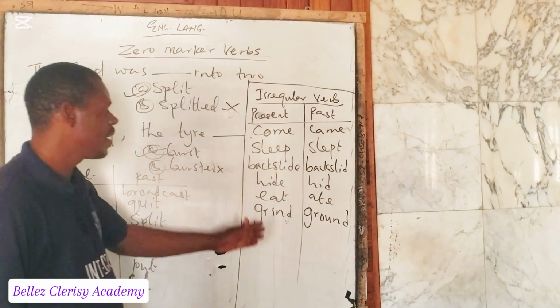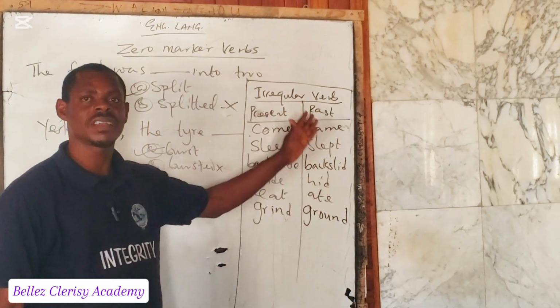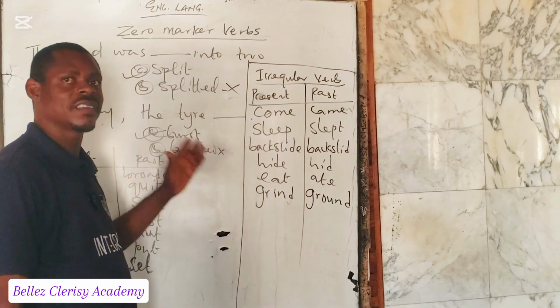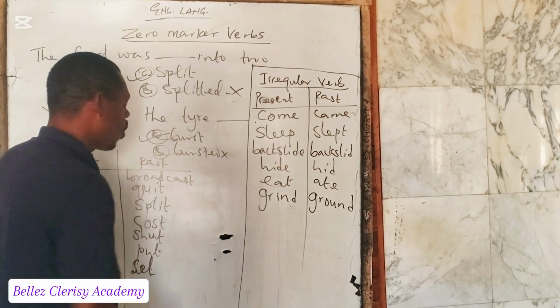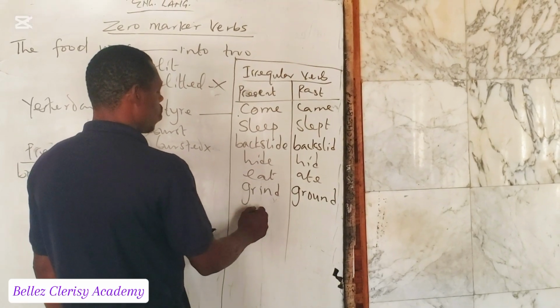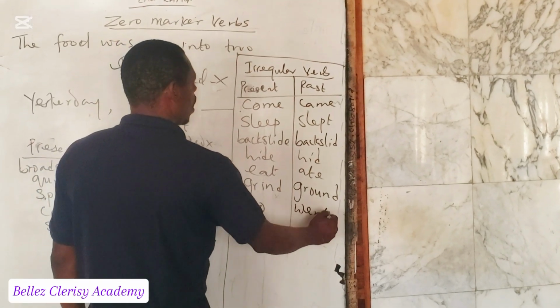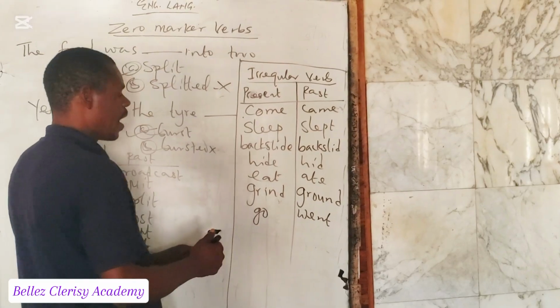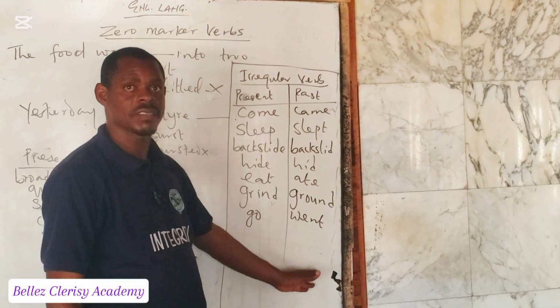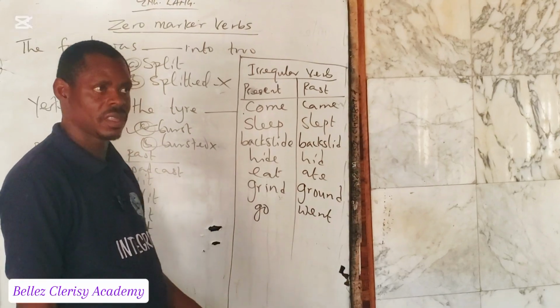So the word grind, the past of grind is what? Ground. Ground, not grinded. So then we have the word go, went. As you can see, these verbs, the way they appear in present, are different from the ones we have in past, that is why we call them irregular verbs.